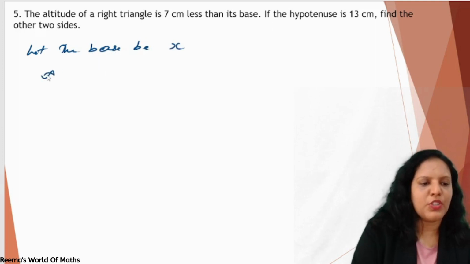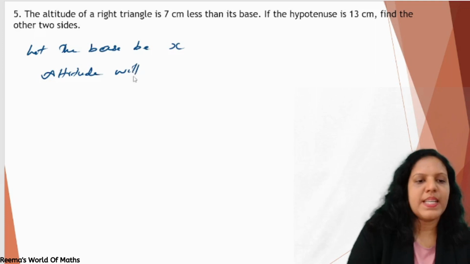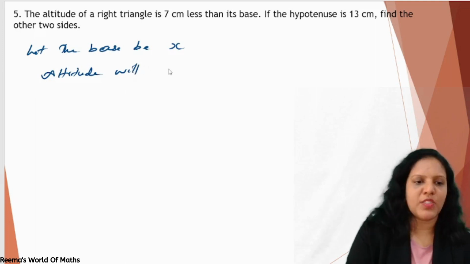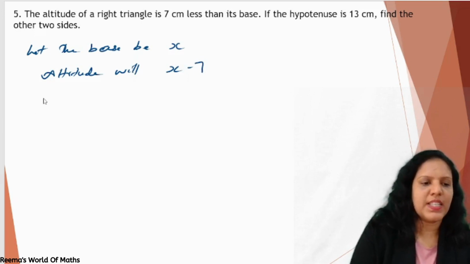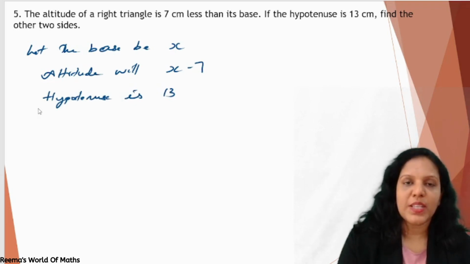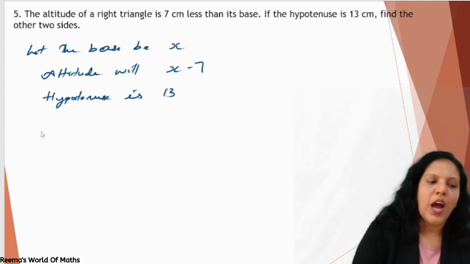Then the altitude is 7 cm less than its base, so that will be x minus 7. And the hypotenuse is 13 cm. So we know the Pythagoras theorem, which is altitude square plus base square is equal to hypotenuse square.